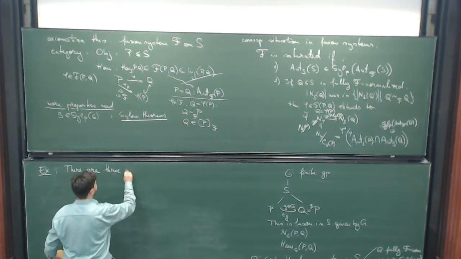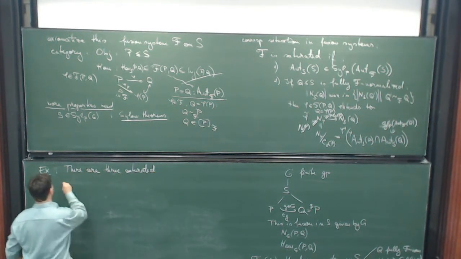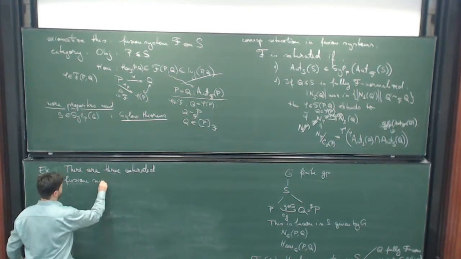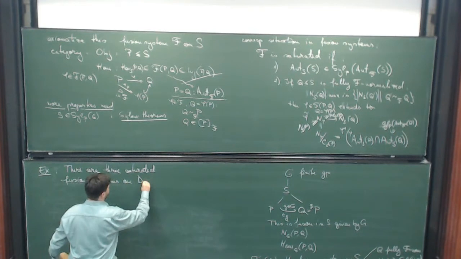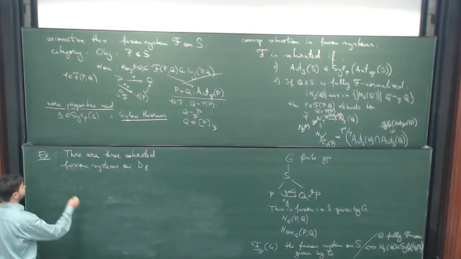Okay. So there are three saturated fusion systems on the dihedral group of order 8. If you don't know what it is, then it will be described in a second.